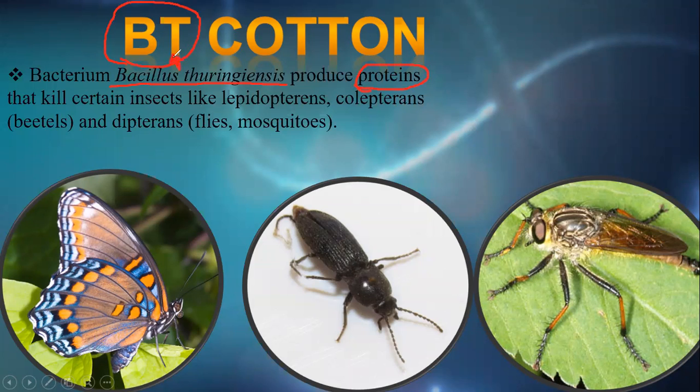The gene of the bacterium from which the particular toxin has been encoded. So these Bt plants produce a protein that will kill insects such as lepidopterans, coleopterans and dipterans.